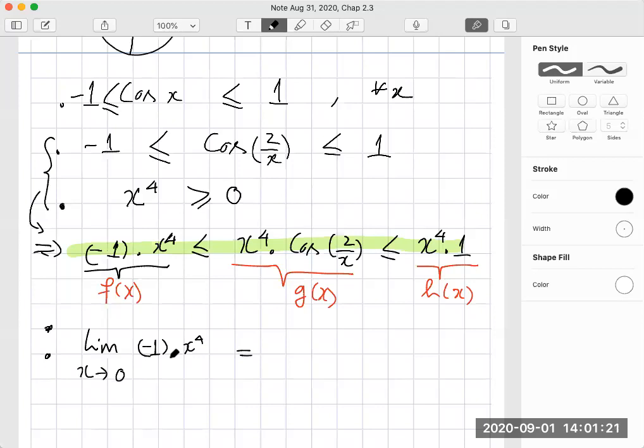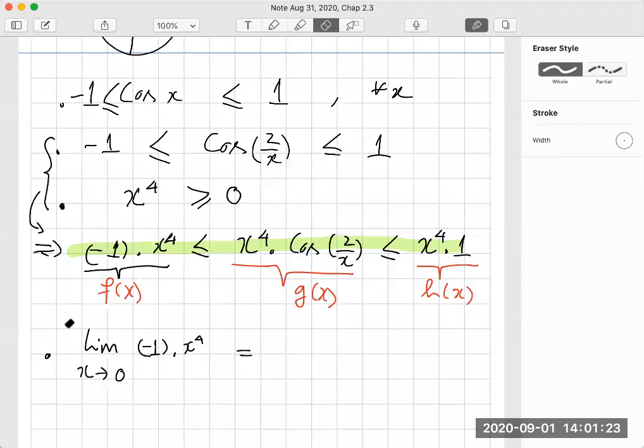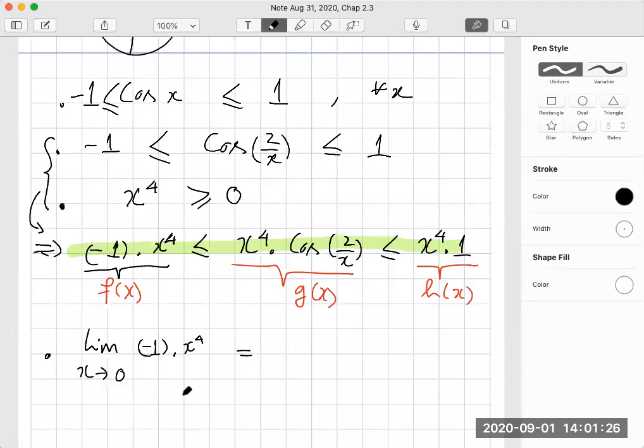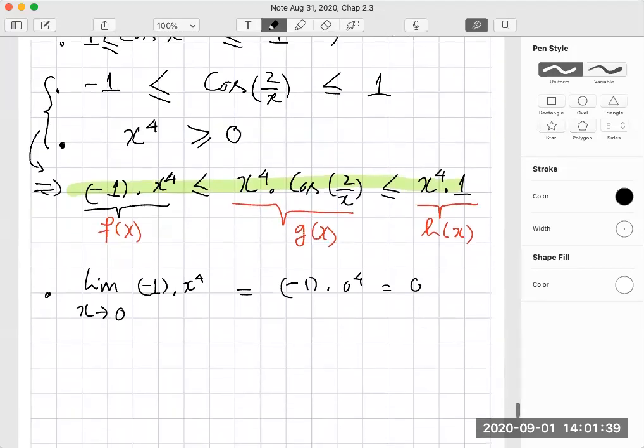So to compute this limit, we can simply substitute this value into this. It will be -1 times 0 to the 4th, or simply 0. Similarly, the limit of x to the 4th when x approaches 0 is the same story. 0 to the 4th, and it is 0.